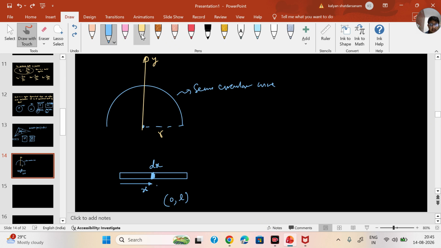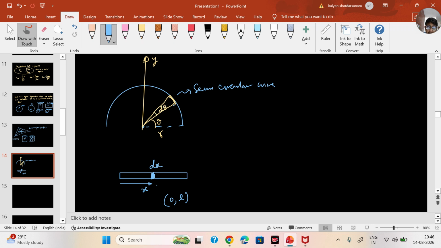Now, in the case of semicircular wire, how do I take a variable and a d of that variable so that I cover the whole object? You cannot take in a linear way because it is circular. So at an angle theta, I will consider a small portion of the semicircular wire which subtends d theta.